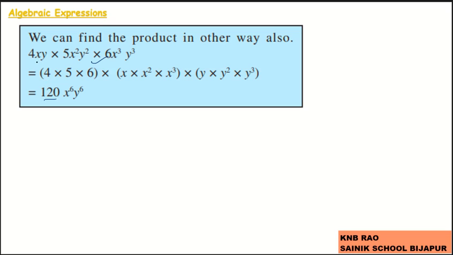Then I will take all the variable portions of these three monomials separately. So x into x square into x cube gives me x power 6, y into y square into y cube gives me y power 6. So this is the alternative method. Instead of doing two separately, at a time you can multiply 3 or more monomials.